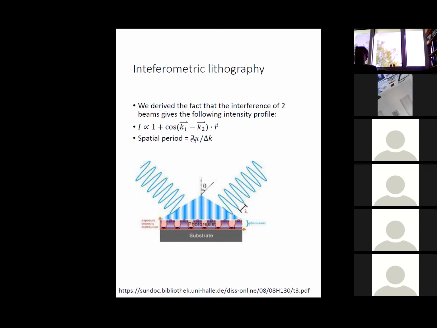So the period is just 2 pi over whatever is multiplying position in that cosine. So we're going to have points of high light intensity and low light intensity, and they're alternating.